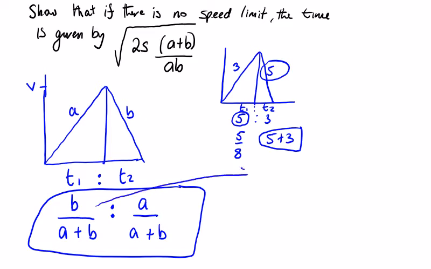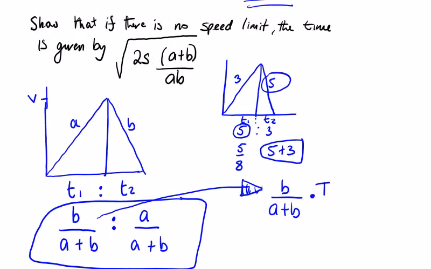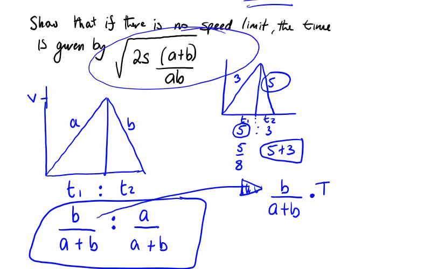So then the fraction of the total time taken is b, this is for t1, over a plus b times T. So if we want to get velocity, we're going to need v in terms of these letters to be able to get the area, because we're talking about time here, but we're going to be dealing with area because we're told that the total distance covered is s.